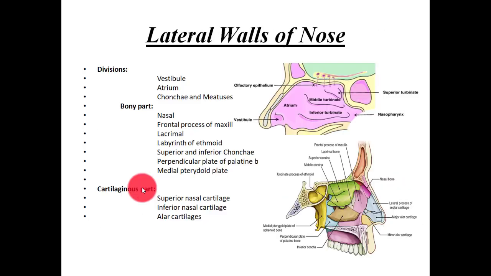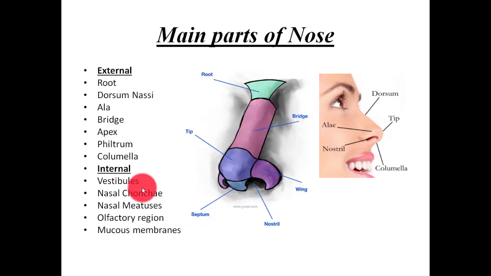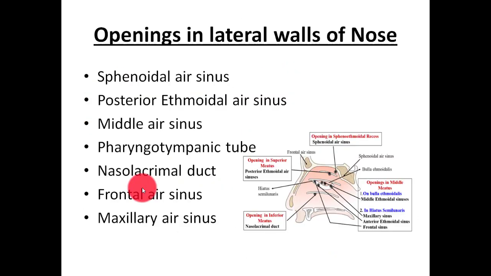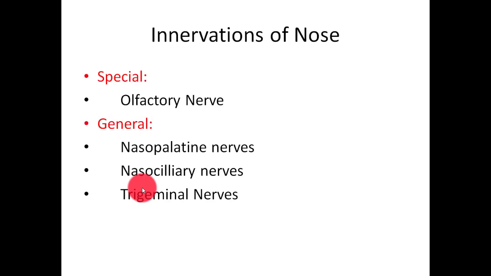Now generally, my friends, we say our whole nose is supplied by which arteries? I have written here the blood supply of the nose: anterior ethmoidal artery, posterior ethmoidal artery, lateral nasal arteries, greater palatine arteries, and superior labial arteries. All these arteries help in the blood supply of the nose.